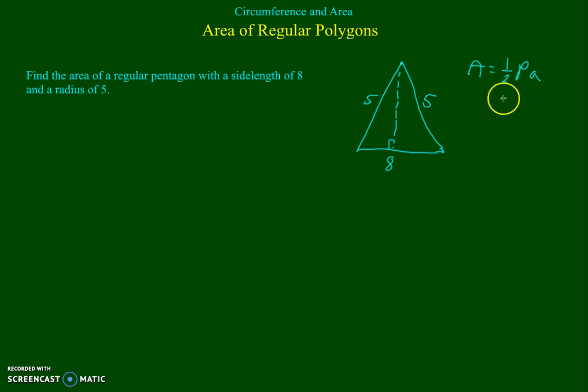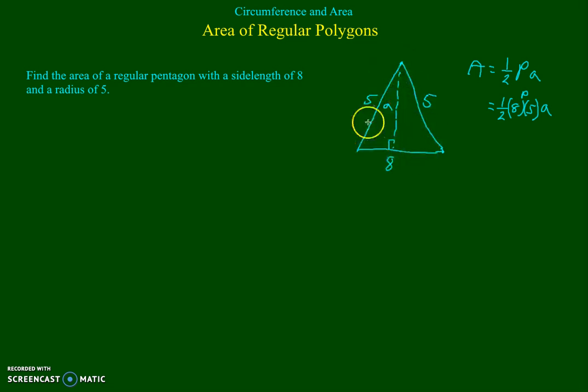So this is just 1/2 8 times 5, which is perimeter. So that's my perimeter. And then we still need that apothem. So we're still going to have to find this apothem length.